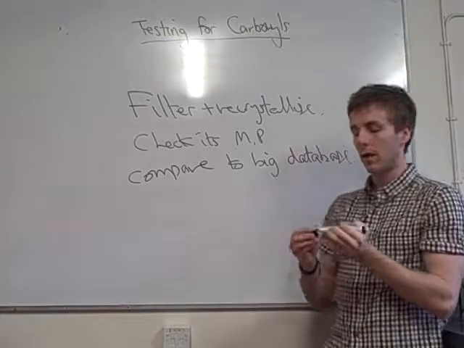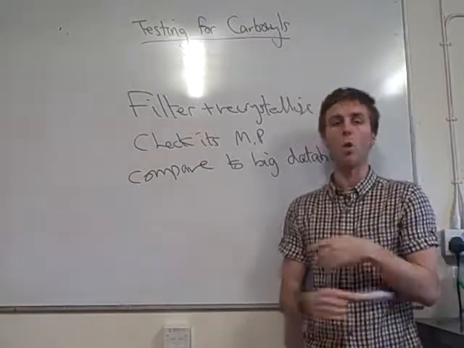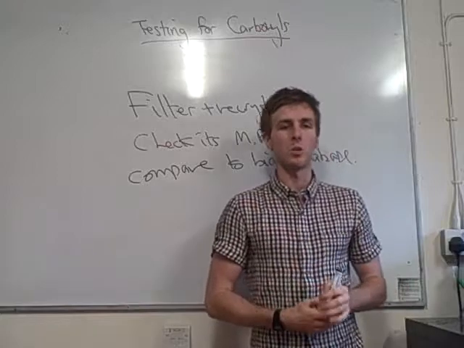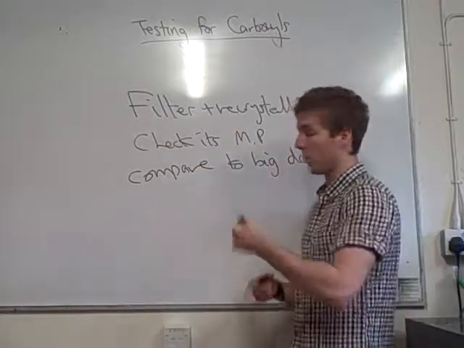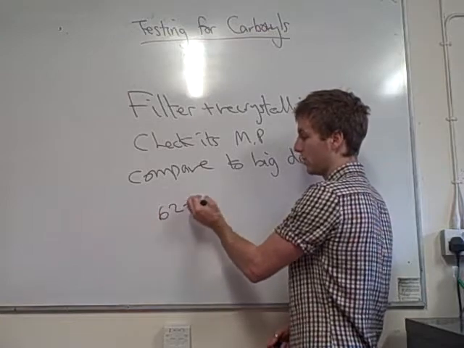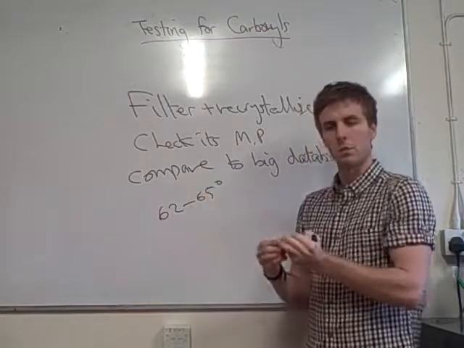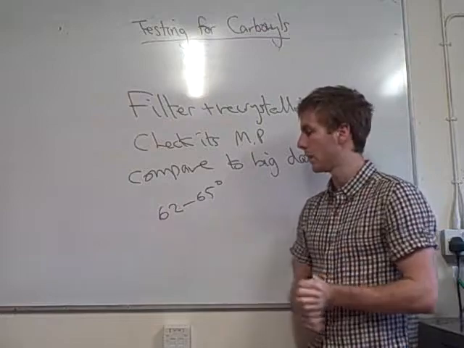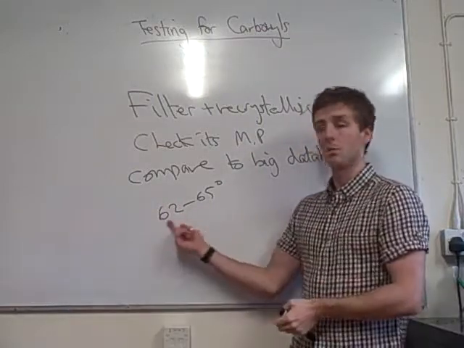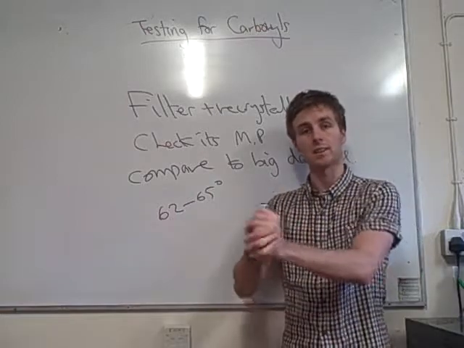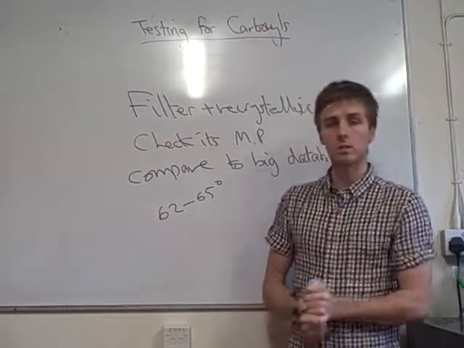And on that big database will be the melting point of all your different aldehydes and ketones which super clever people have compiled over the years. So say you've got a melting point of 62 to 65 degrees, the melting points are always a range. All you do is look in the book and check which other carbonyl had that melting point, and you've got your exact identity. And that is how to test for carbonyls.